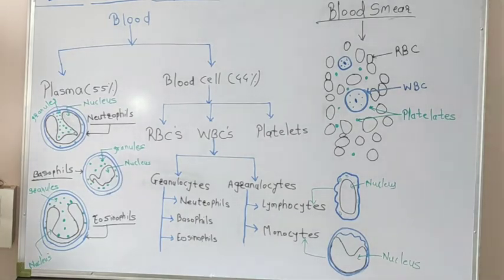They don't have a property like phagocytosis. It is non-phagocytic. So that's why it is present in the infected area or in any allergic condition. And the main thing is that these basophils secrete heparin, histamine, serotonin, etc.